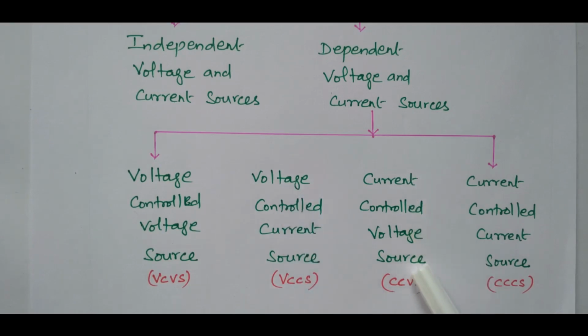Current controlled voltage source: a voltage source that is controlled by current. Current controlled current source: a current source that is controlled by current. So there are four types available. Now we'll see these one by one.